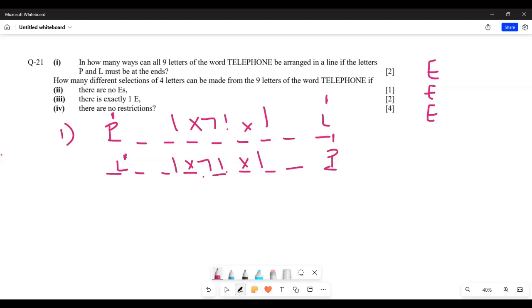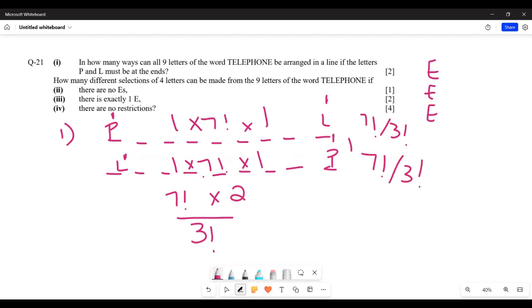Okay, so there are just 3 E's. So it's going to be 7 factorial times 2 divided by 3 factorial. Instead of doing 7 factorial upon 3 factorial and 7 factorial upon 3 factorial and adding them, I'm doing 7 factorial times 2 upon 3 factorial, which gives 1680. That was part 1.